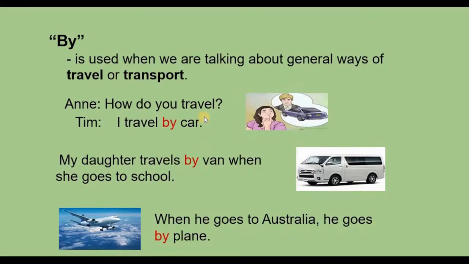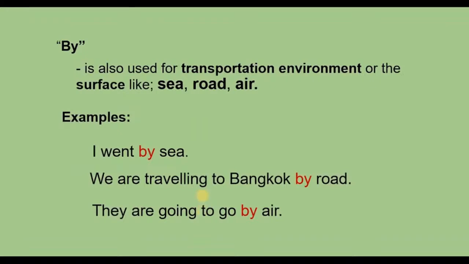So, these are vehicles. By car, by van, by plane. These are transportation vehicles, right? But here, if you see, we have sea, road, and air.